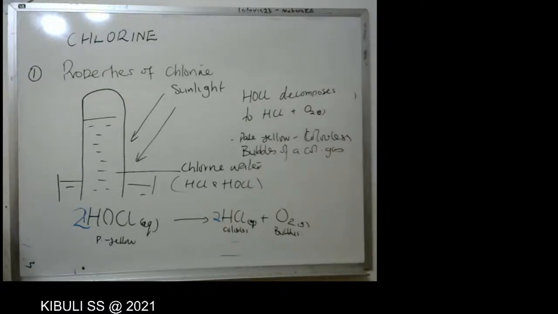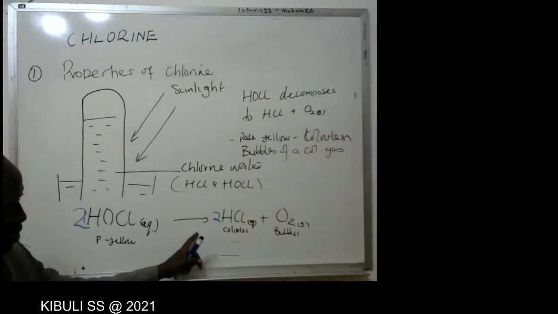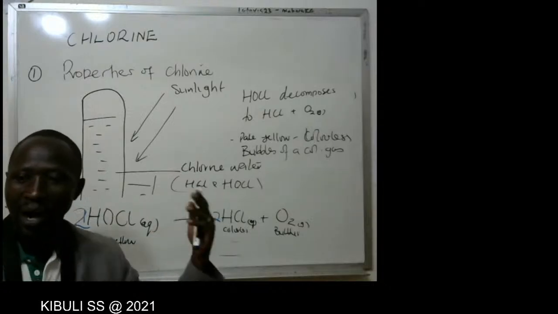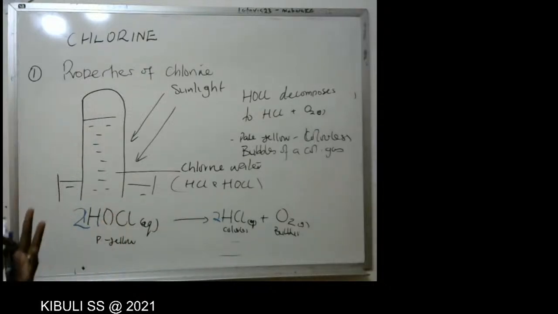Chlorine water is pale yellow. When exposed to sunlight, the pale yellow color turns to colorless because of decomposition of hypochlorous acid to form hydrochloric acid, and oxygen is given out, seen as bubbles of a colorless gas. It is this oxygen that causes the bleaching.